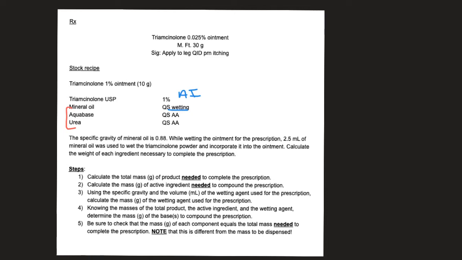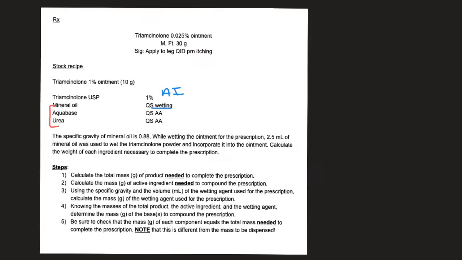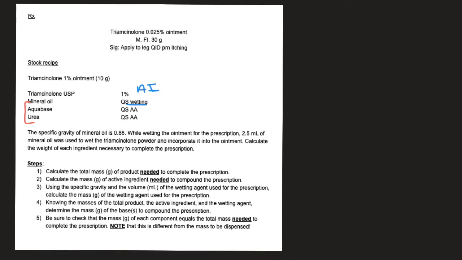So if you haven't seen a topical product before or haven't seen one made, think of it just like making brownie mix out of a brownie box recipe. So the active ingredient would be the triamcinolone, which is basically the brownie, equivalent to the brownie powder.